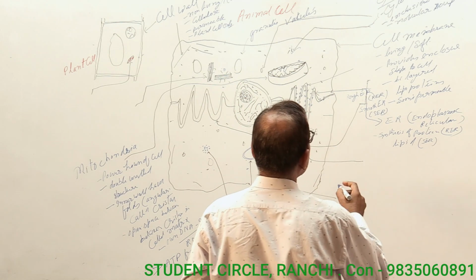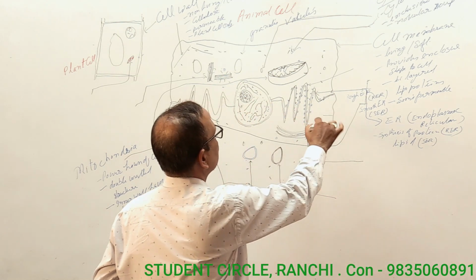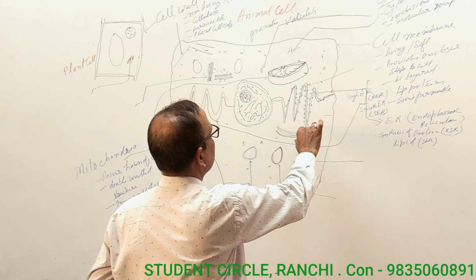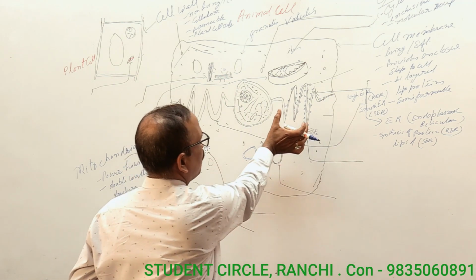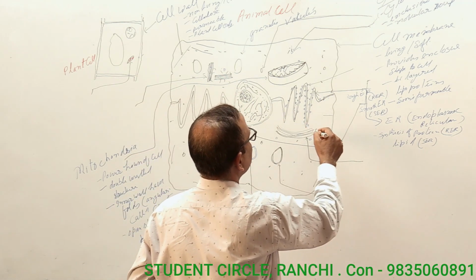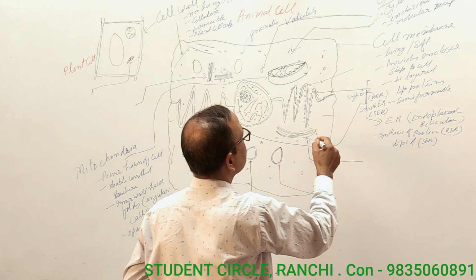The next one is, this is a tubular structure arranged like a ball, and some sacs are there. These are vacuoles.